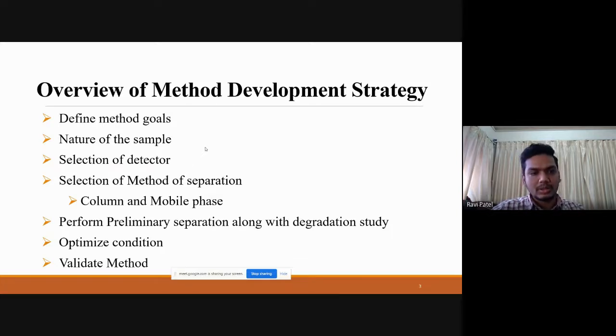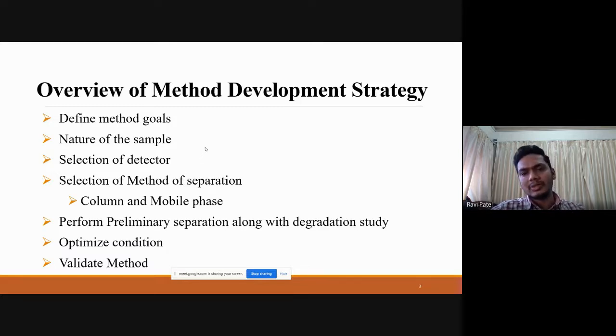But in stability studies, we put our samples in accelerated stability stations like 40 degrees, 75% humidity, or long-term stability stations, and at different time intervals like 1 month, 2 months, 3 months, 4 months, we take out that sample and analyze it as per our method, and we see the degradation of assay or the generation of any impurity. These are known as stability studies. But here we are performing the forced degradation study. Forcefully we are degrading the samples. So these two things are different.